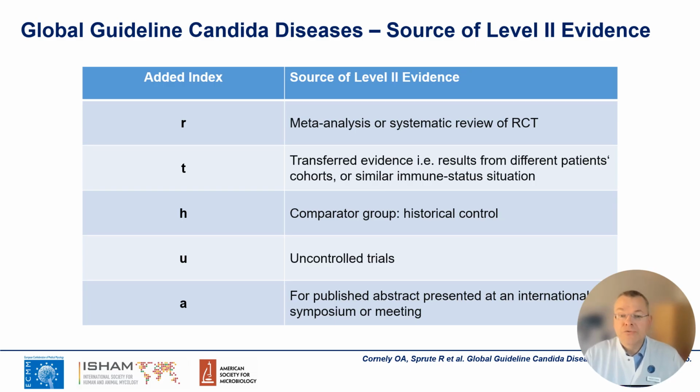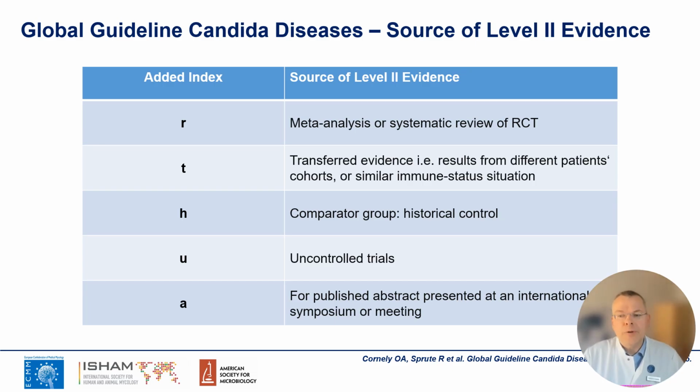Then we have H for comparator group, if it's a historical control, and then there might be uncontrolled, just a series of patients, for example, or an uncontrolled trial, U. And then an A if there is only an abstract. So you really want to cite that study because you are convinced that it is the best study out there to support a specific combination of population, intention, intervention, but it has only been published as an abstract.